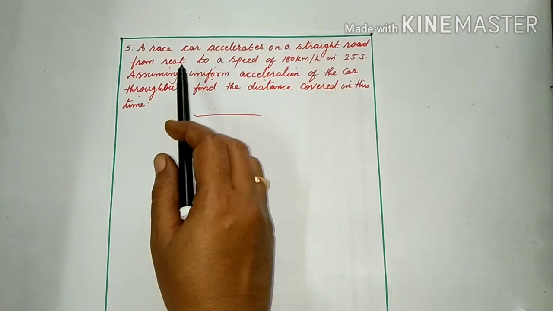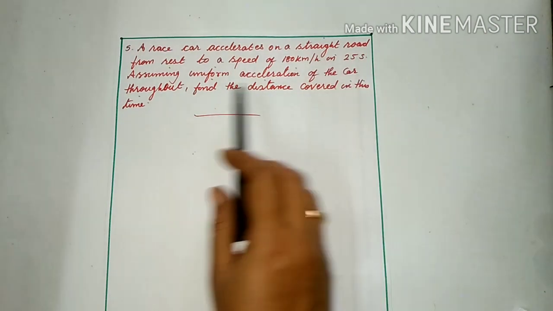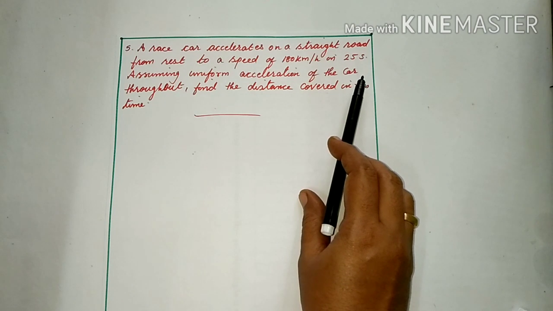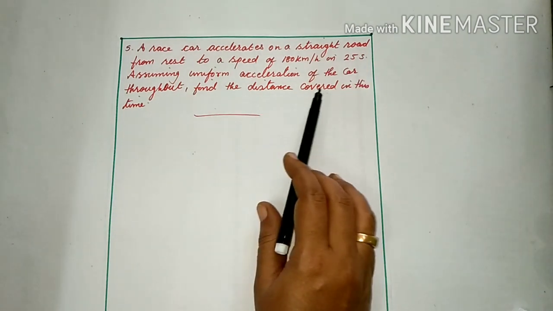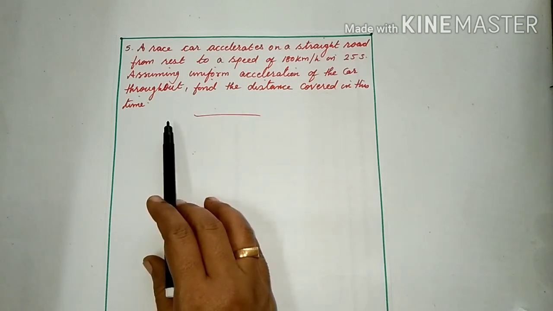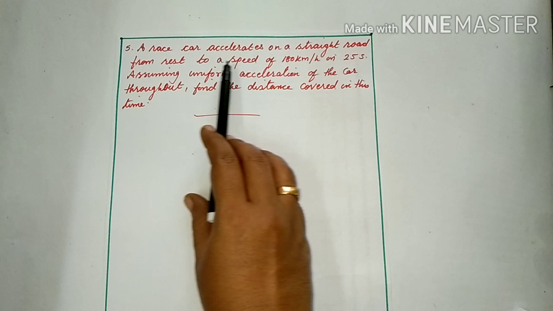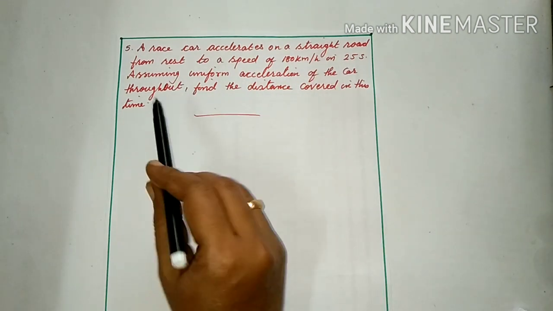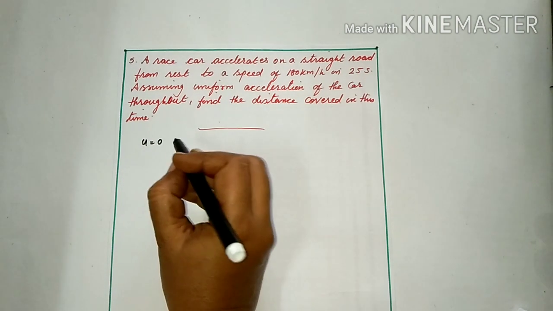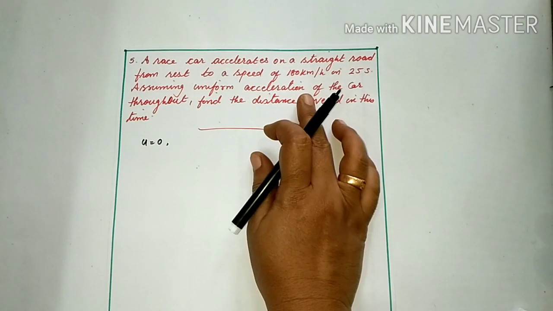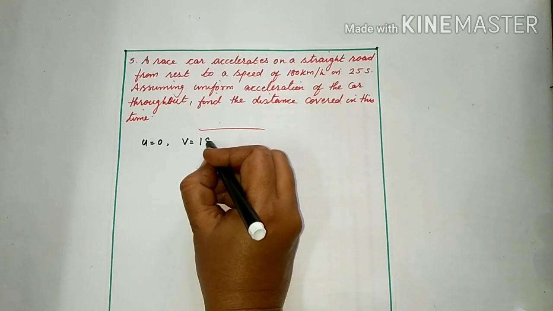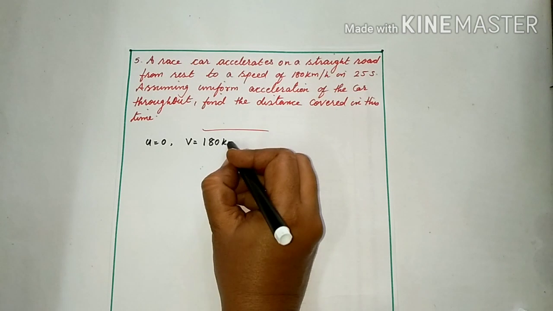Fifth question, a race car accelerates on a straight road from rest to a speed of 180 km per hour in 25 seconds. Assuming uniform acceleration of the car throughout, find the distance covered in this time. So, a race car accelerates on a straight road from rest, so we can write initial velocity u equal to 0. Then it attains a speed of 180 km per hour, so v equal to 180 km per hour.